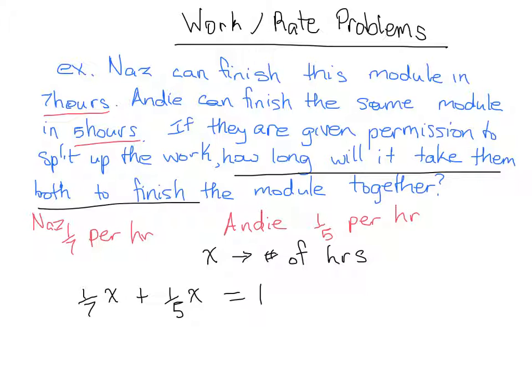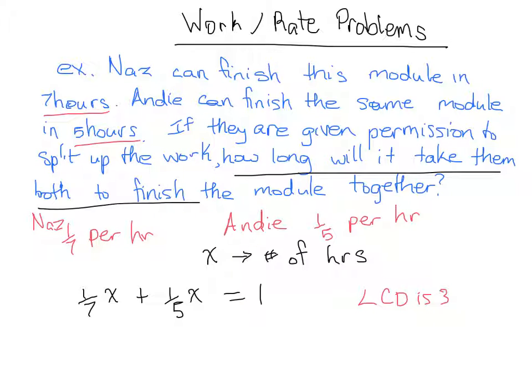Well, we can solve this equation in multiple ways, but the way in which I would like to do it today is to find the lowest common denominator and multiply both sides of the equation by it. We have a 7 here, we have a 5 here, and we have over 1 right here. So our lowest common denominator in this case is 35.